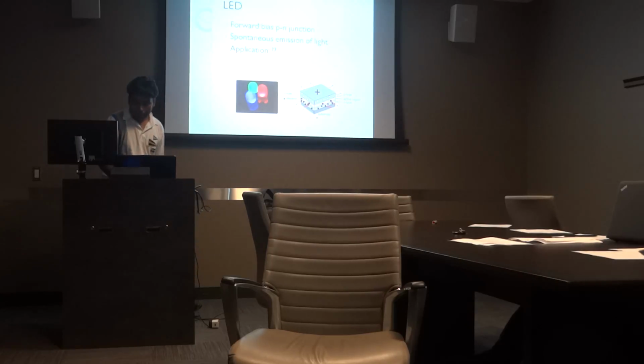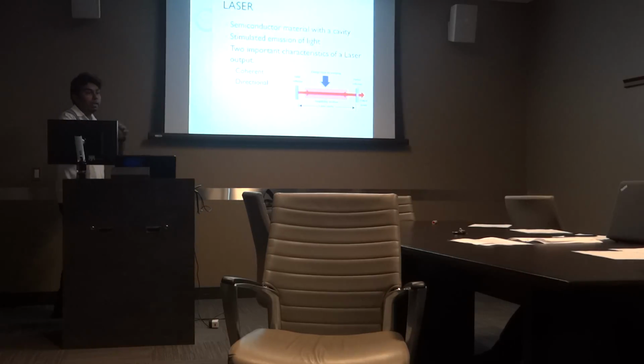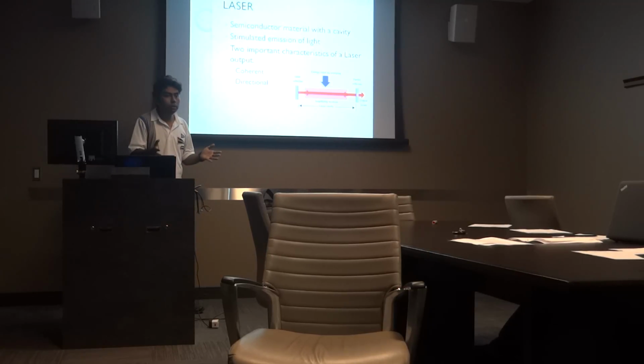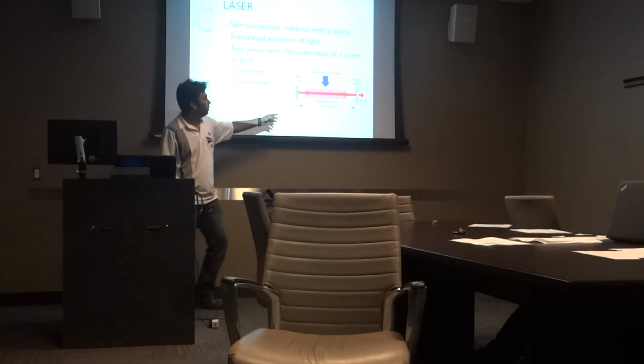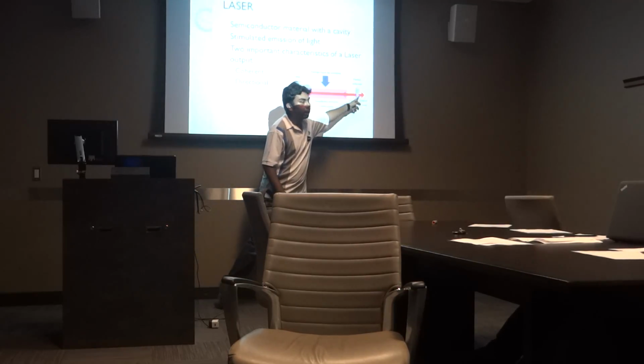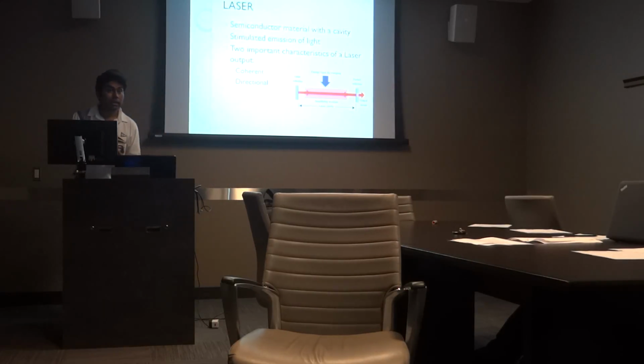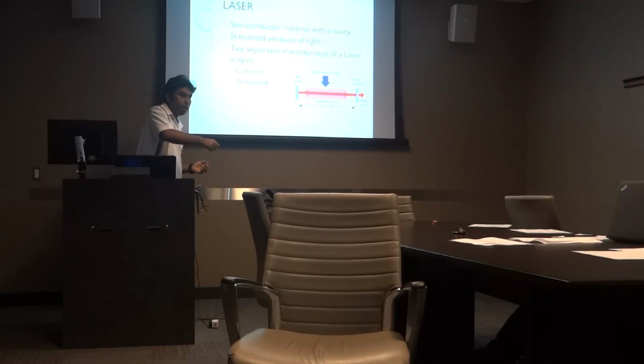Okay. So now, a laser is one kind of semiconductor device that has two mirrors on both sides. You can see from this figure, here is a reflector and here is another reflector, and in between there is a semiconductor device. So in this laser, we somehow generate a spontaneous emission, and that photon will move to and fro in the semiconductor between the reflectors, and it will emit a huge bunch of photons.